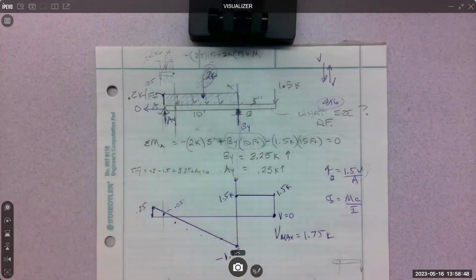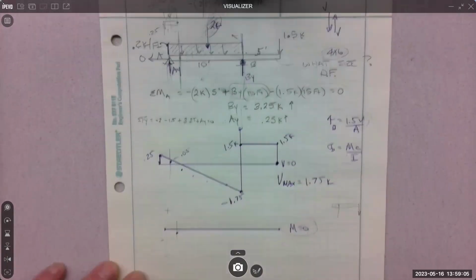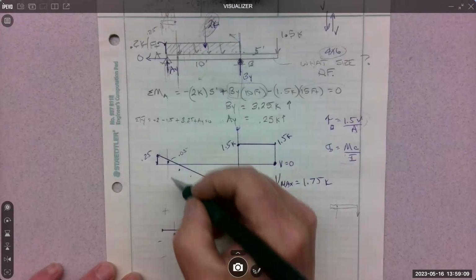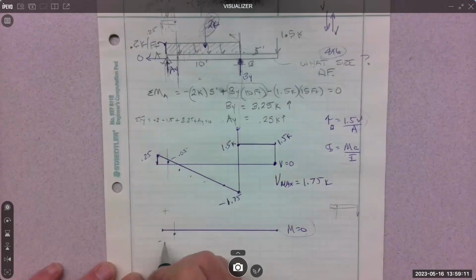And I end up with a negative 0.15 foot-kips. Negative meaning, this is positive, this is minus. So I'm going to exaggerate it a little and put it right there. It's negative, right? It's at 1 foot. And it is 0.15 foot-kips.